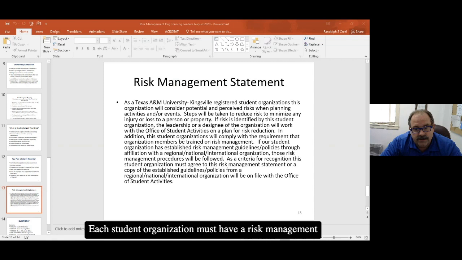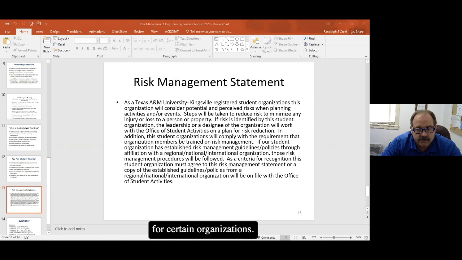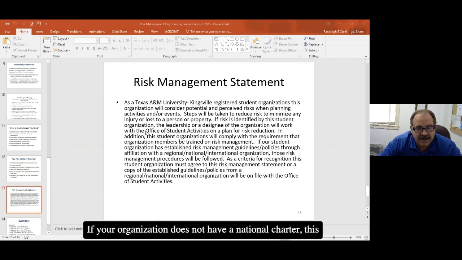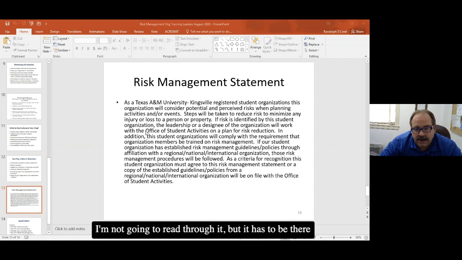Each student group, organization must have a risk management statement. Some of these are included in national charters for certain organizations. If your organization does not have a national charter, this statement must be included in your application packet. And I'm not going to read through it, but it has to be there.